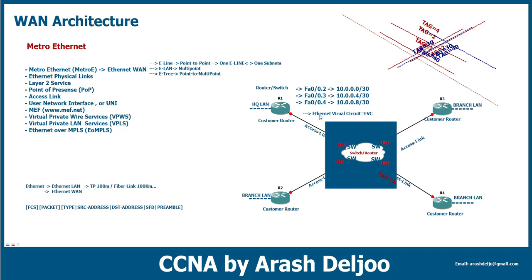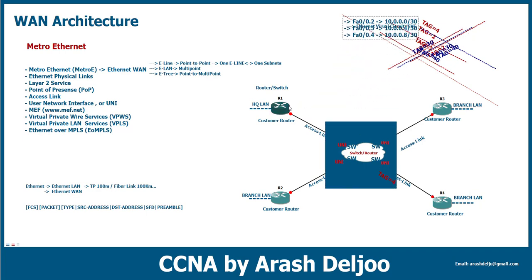But now, in this link, we have one E-LAN EVC. What does it mean? Look at here, you have one connection, one EVC, and this EVC is connected to all of the sites, for example to R1, from R1 to R2, R3 and R4.